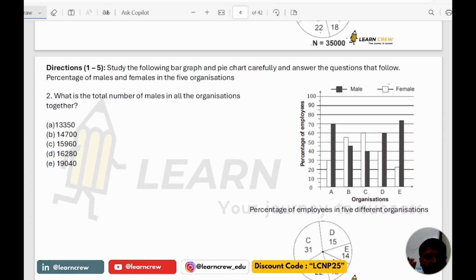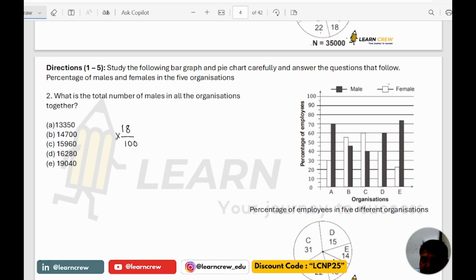What is the total number of males in all the organizations? So A, B, C, D, E. In all the organizations, total number of males. So organization A, you have 18% of 35,000. Organization A, total strength is 18%.